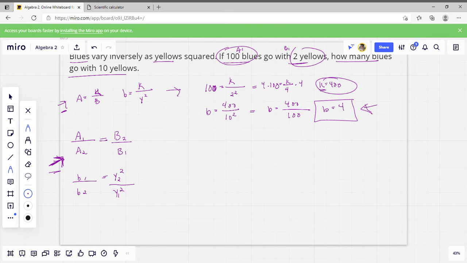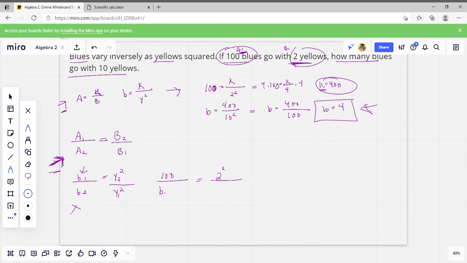Alright, so our blue 1, our A1 right here, is going to be 100. So that's our top. And then the top of our yellow, our first yellow, is 2. But we have to square that. Okay. And then our bottom is blue 2. We don't know that.